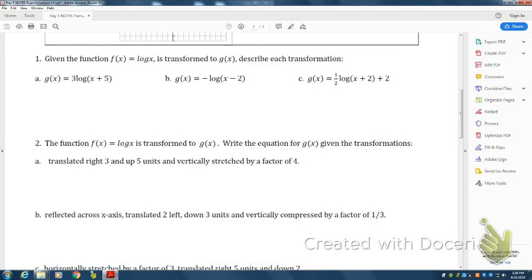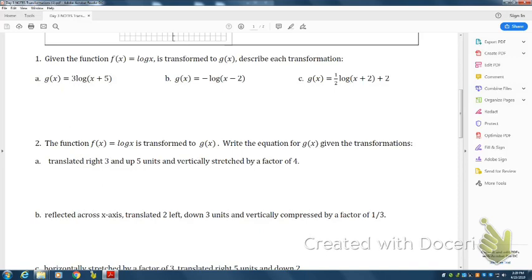So the first question they ask us is, given the function f of x equals log of x, and it's transformed to the 3 functions below in a, b, and c, they want us to say how were they transformed. So what does the 3 value represent?